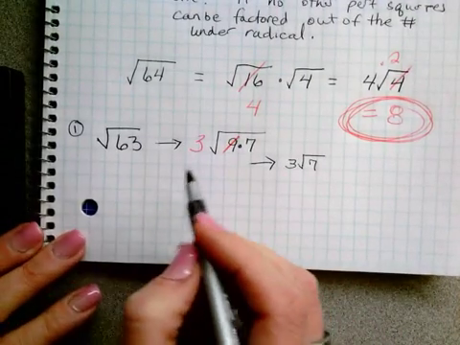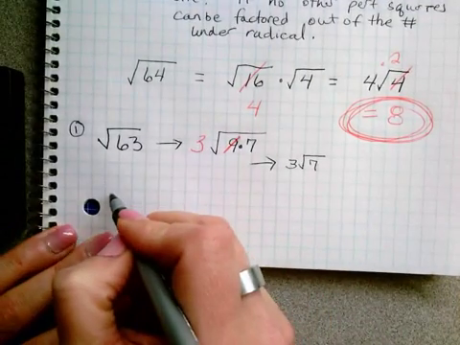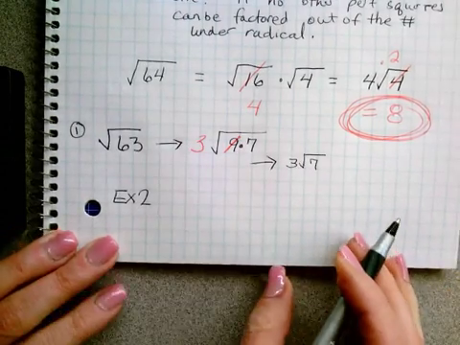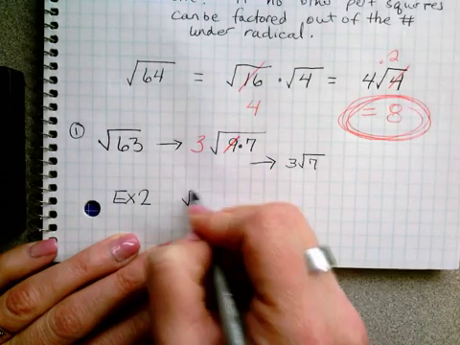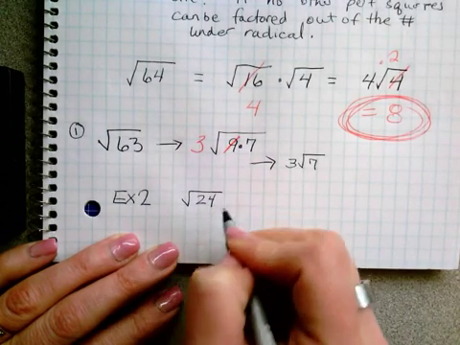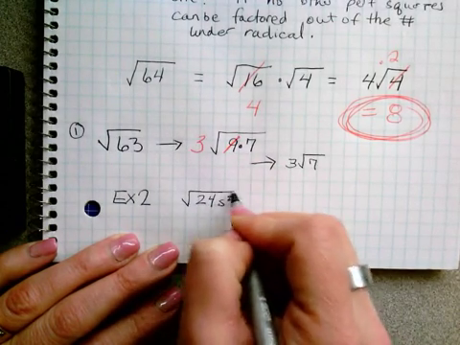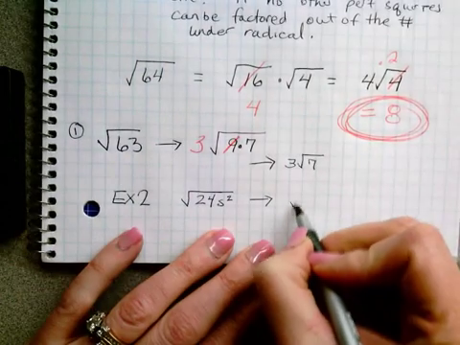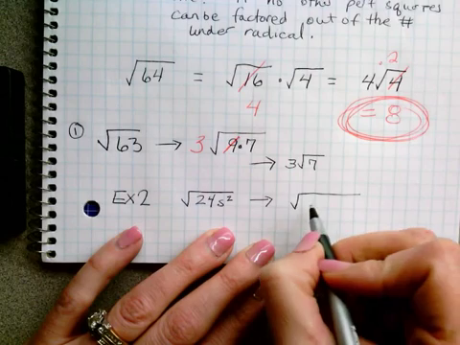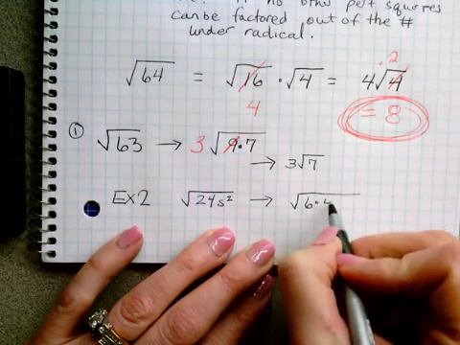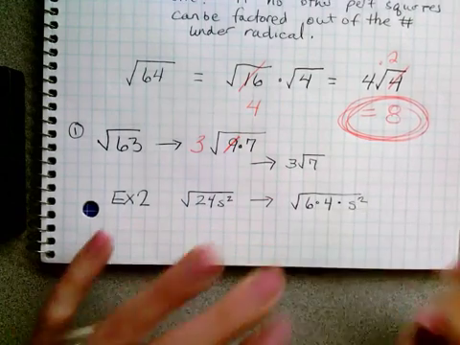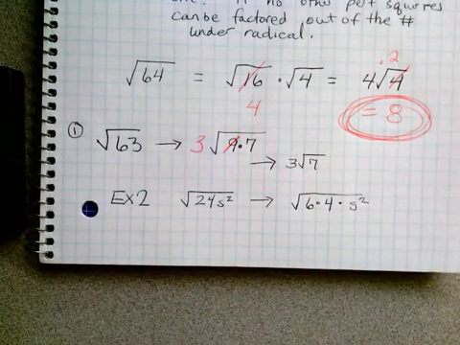It doesn't get any tougher even when you're dealing with letters. Here's example 2. Radical 24s squared. Perfect square factors of 24, 6 and 4, right? Because there's a 4. And s squared is a perfect square, isn't it?